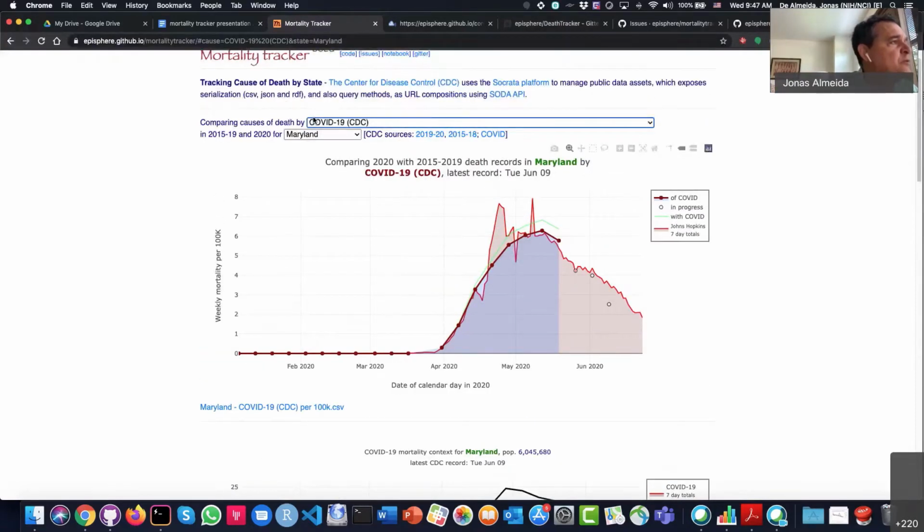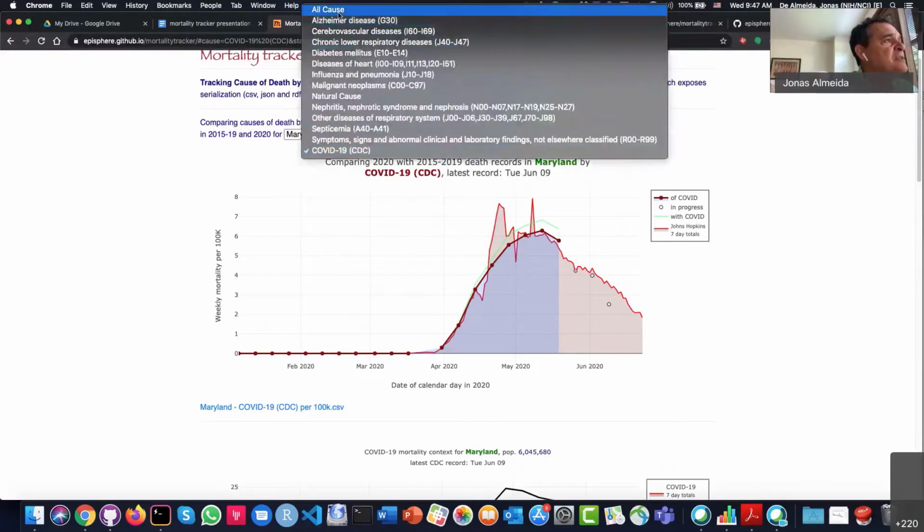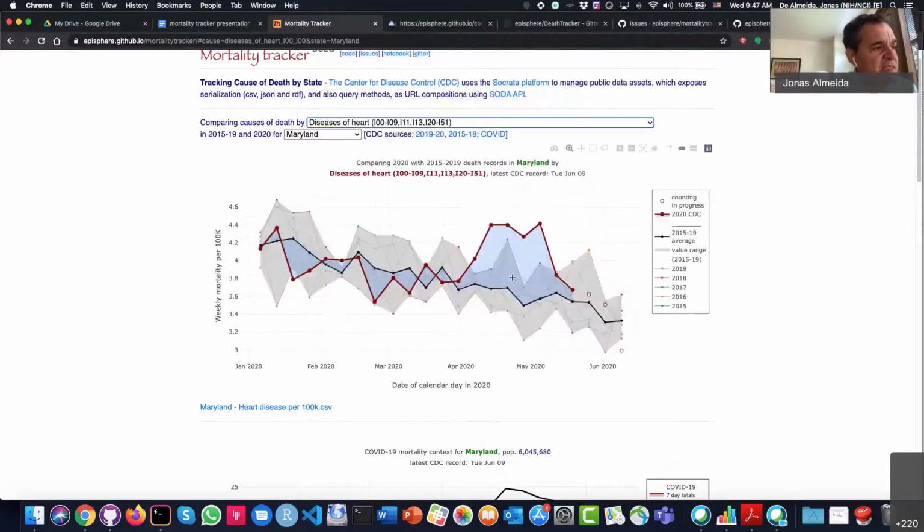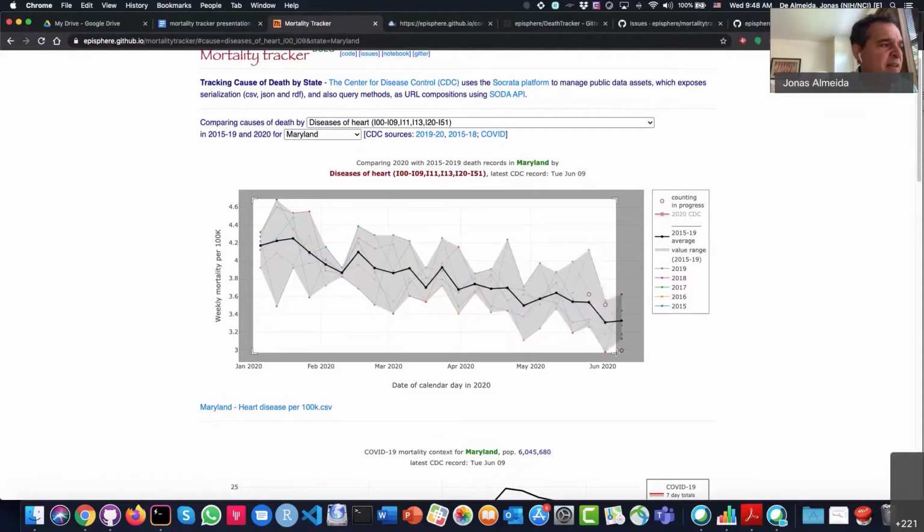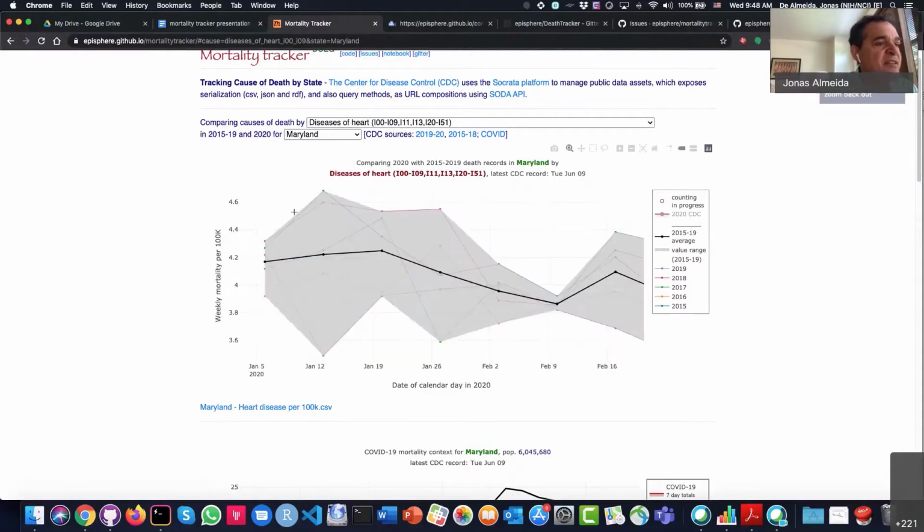So I'm going to go back to, for instance, all data, all causes, or maybe even disease of the heart. Let's say that you want to investigate the changes in 5 years, but you don't want to see 2020. So if you click on the legend, this information is made available. You can also zoom in. So what I'm doing here is just highlighting the fact that these are interactive tools that in real time you can play with.